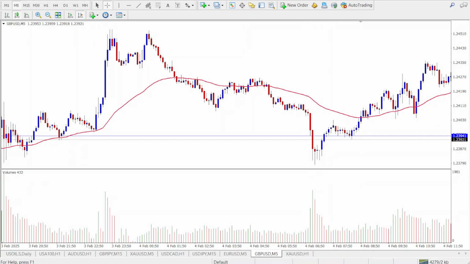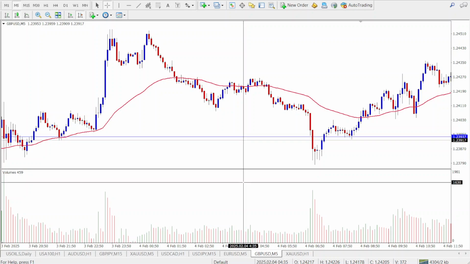It helps you to filter out bad trades and focus on high probability setups. So now you know, using moving averages with volume can actually help you avoid false signals and improve your decision making in trading.